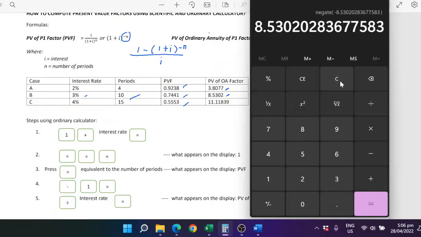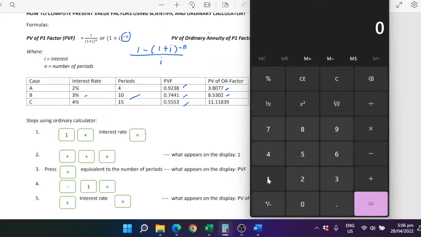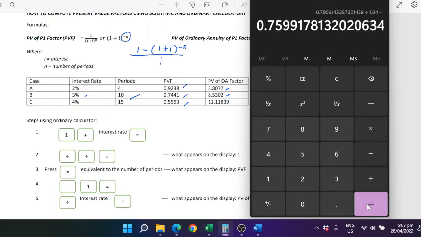Okay, let's try with case C. Instead of adding 1 plus interest rate, you can just combine them. So instead of 1 plus 0.04, you can input immediately 1.04, then divide, equals, 1 will appear, then press the equal sign according to the number of periods. That's 15. So 1, 2, 3, 4, 5, 6, 7, 8, 9, 10, 11, 12, 13, 14, 15.